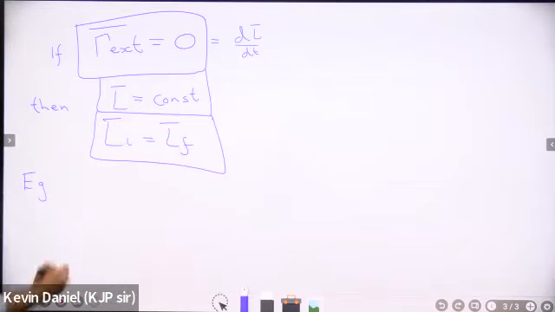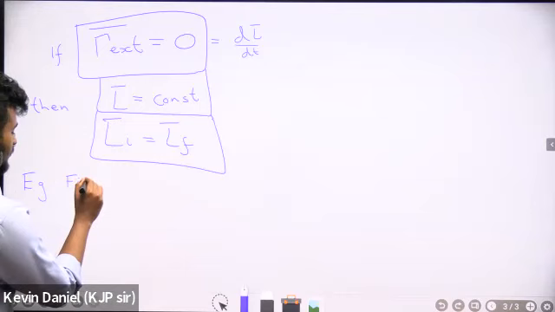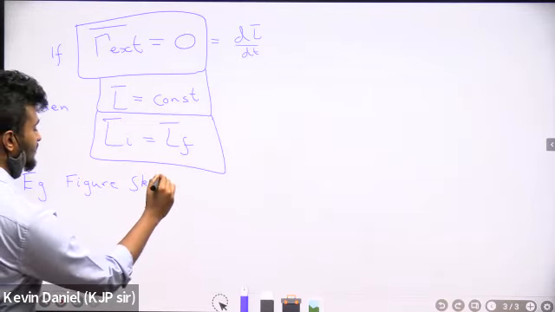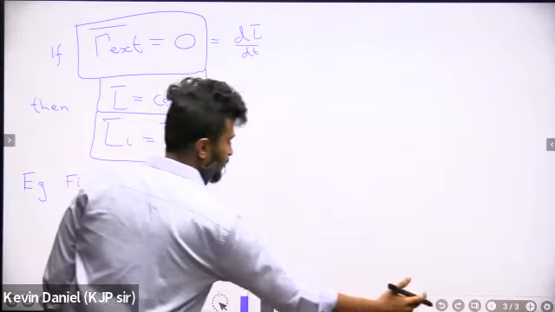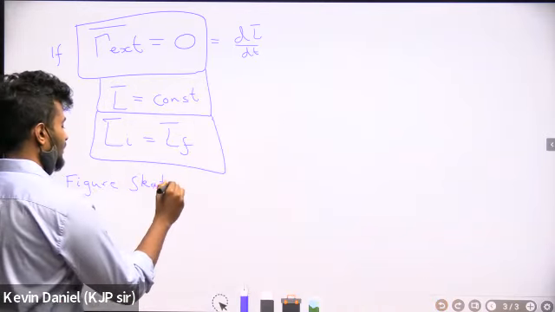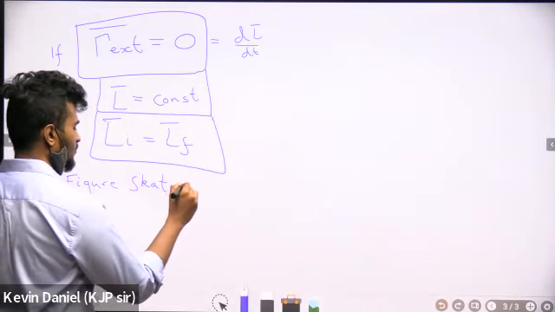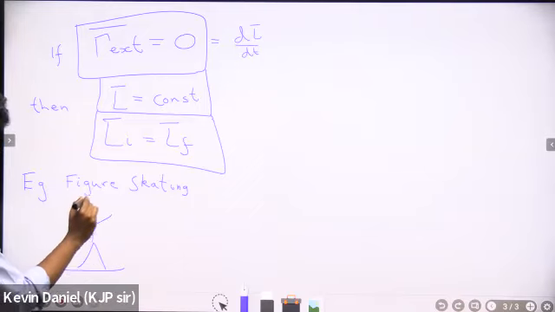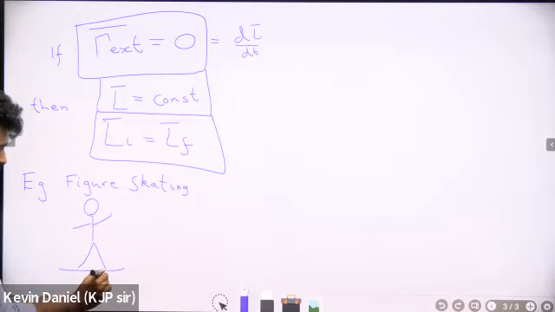One example is figure skating. You've seen those people in the Olympics, they skate on ice and then they whirl and do all sorts of stunts. While skating, one trick that they use to suddenly increase the speed is this: imagine they are first standing like this, this is their initial pose, and they have some angular velocity ω1.